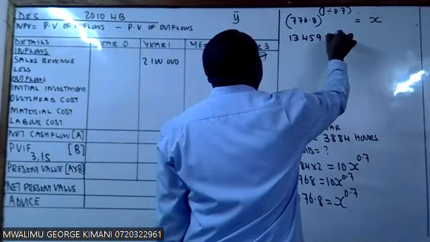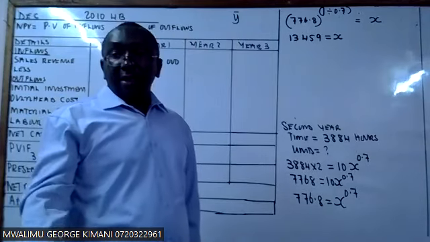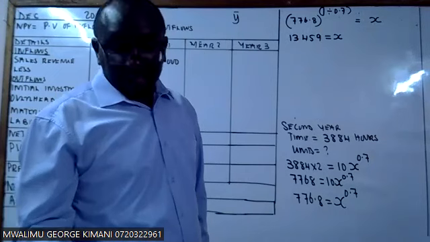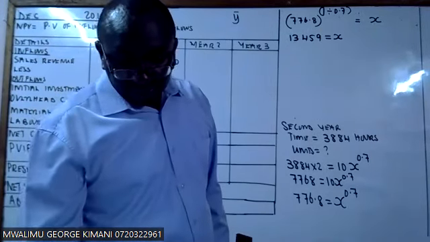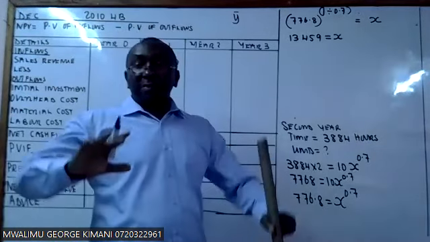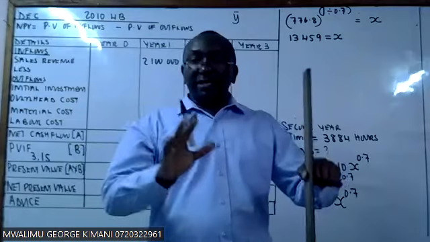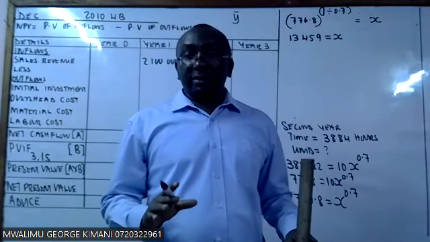13,459 is our X. So that 13,459 is the total units made for the 2 years.